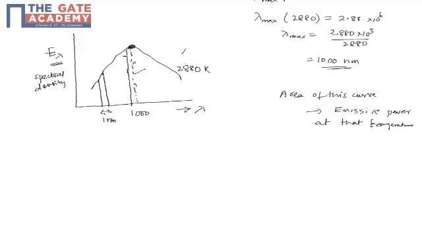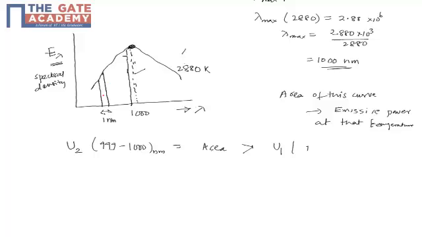So I can say that the energy emitted between 999 to 1000 nm, that area, is more than U1, which is between 499 and 500 nm, which I have drawn somewhere here.